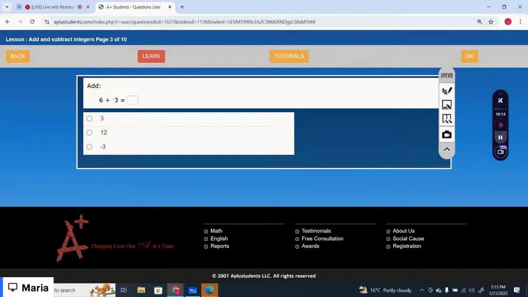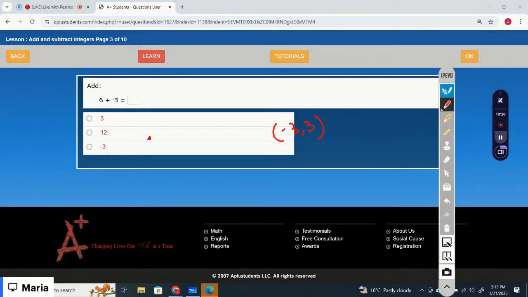6 plus negative 3. Adding a negative integer is the same as subtracting, so that is 6 minus 3, which is 3.